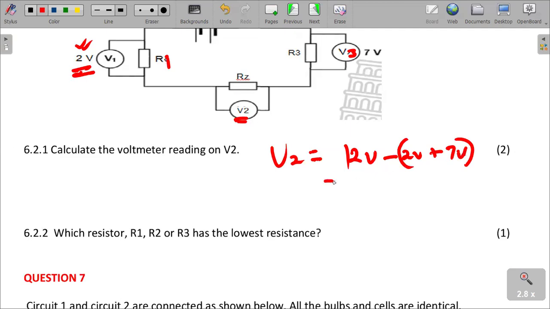So this is equal to 12 volts minus 9 volts, and then we have our 3 volts. We have our 3 volts that we get on V2.